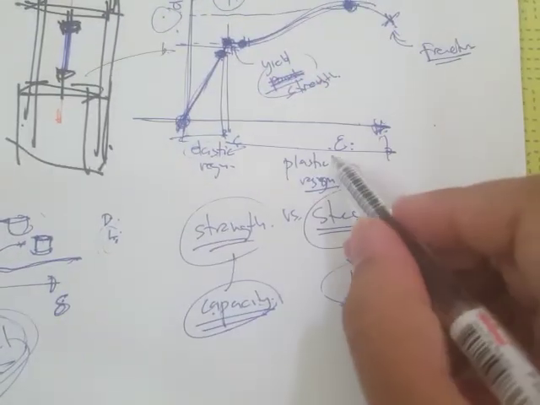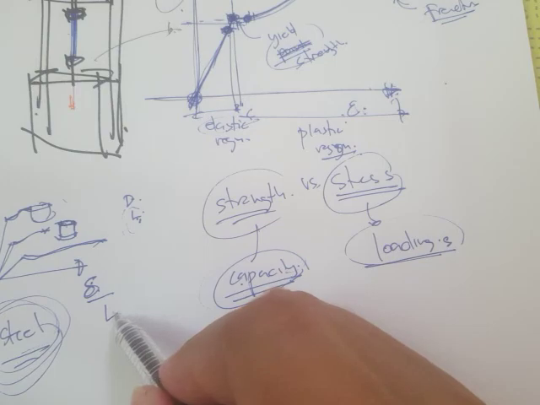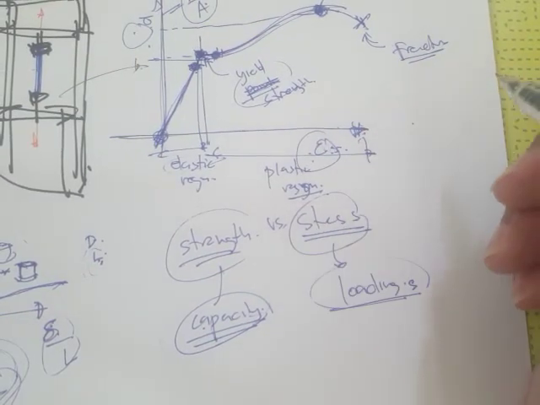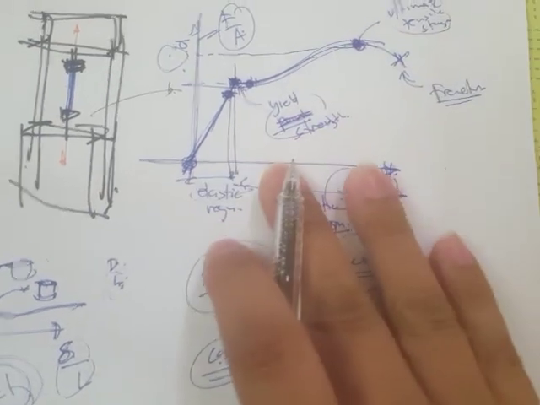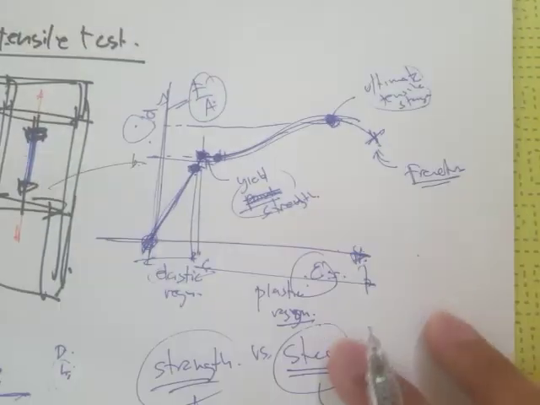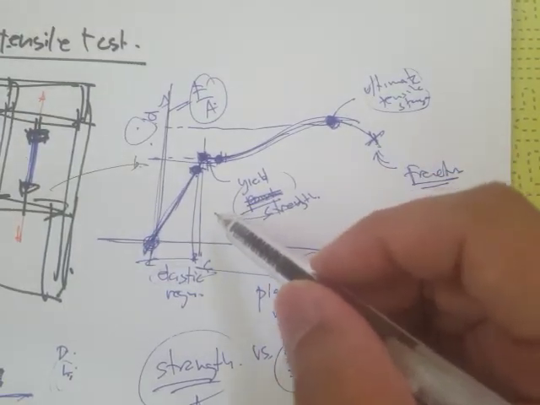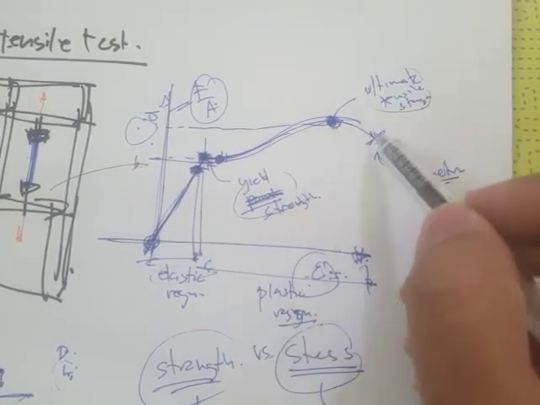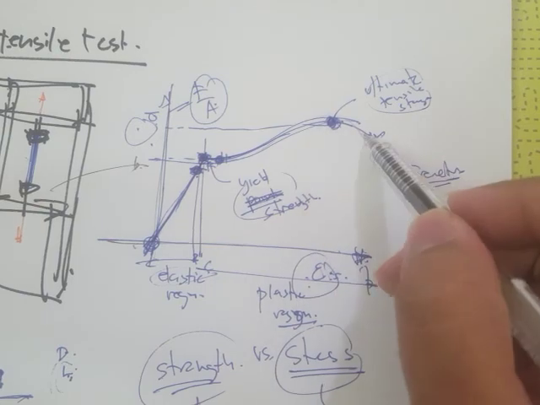And we divide the deformation by the original length, and that's what we call strain. That's why no matter what the diameter or the length of the test specimen is, it will produce the same curve.